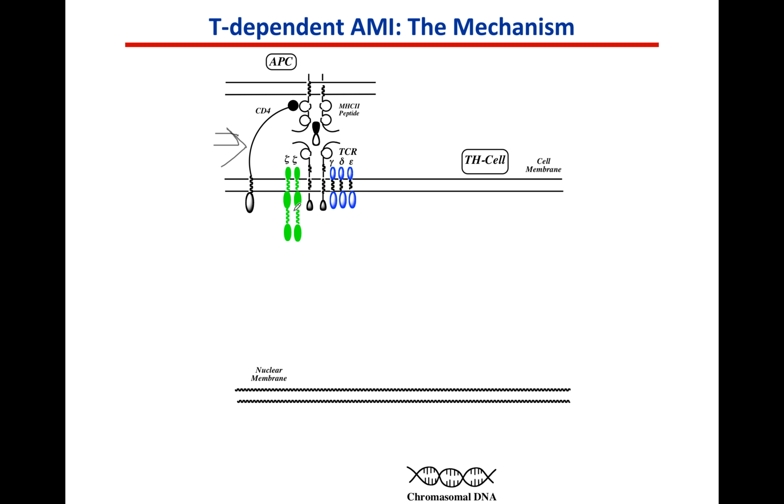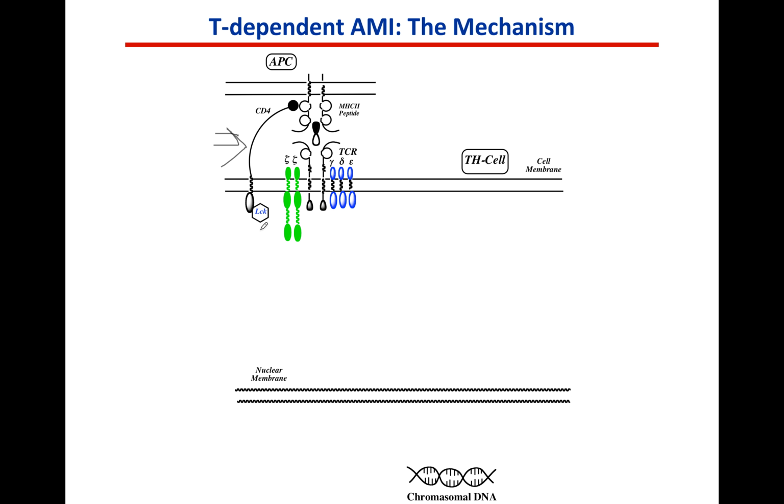Most importantly, the zeta chain sticks right into the cytoplasm, and it serves as a place where, when these events happen, it results in the attraction of a kinase, this LCK kinase.